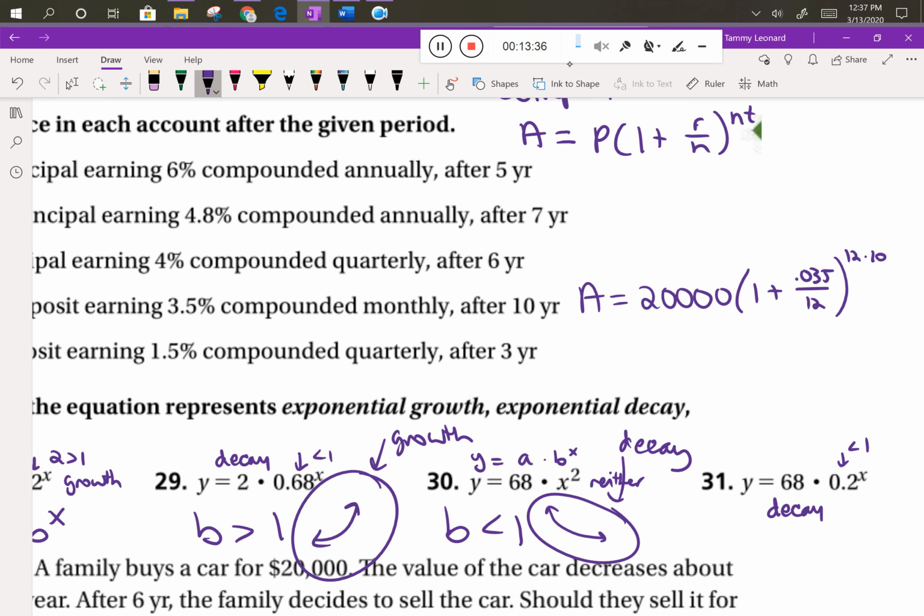So everybody grab the calculator that you use on a regular basis and use your calculator to calculate what this should be. And we're going to compare our answers, because if you don't get the same thing as me, it means you're doing something wrong in your calculator, and we need to identify that. So make sure you're following the order of operations. If you don't, it won't work out.